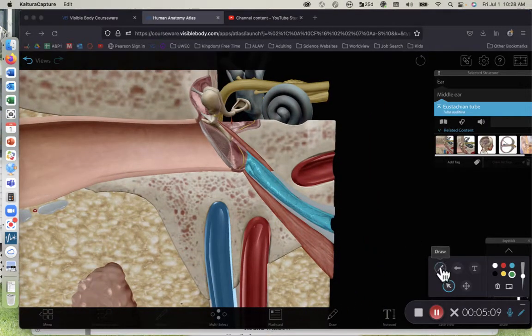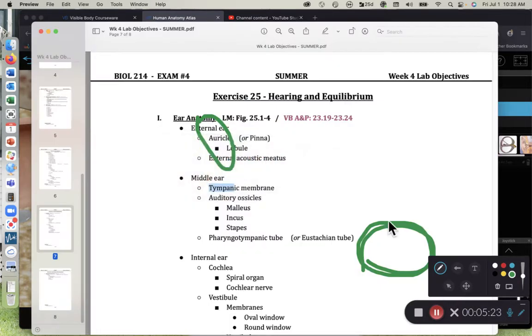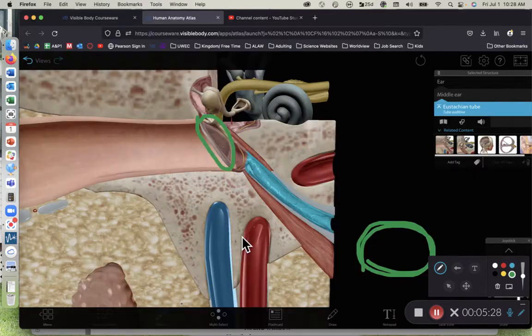Right about here, where I'm putting this circle, we would have the pharynx. And up here is the tympanic membrane. So to call it the pharyngotympanic tube is to say that the pharynx is connected to the tympanic membrane by this passageway.